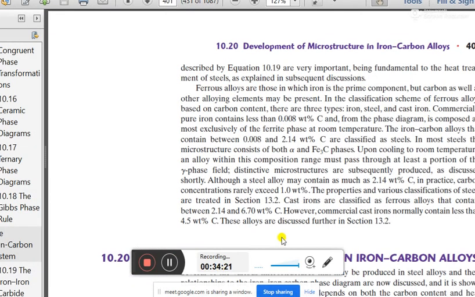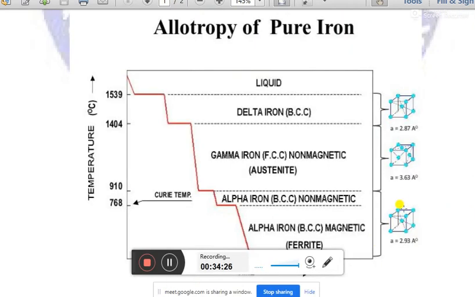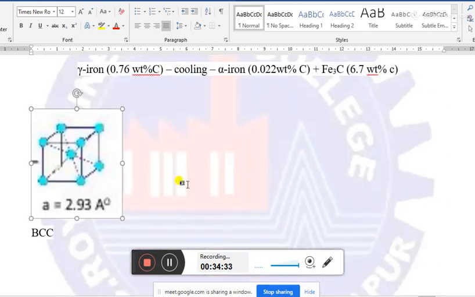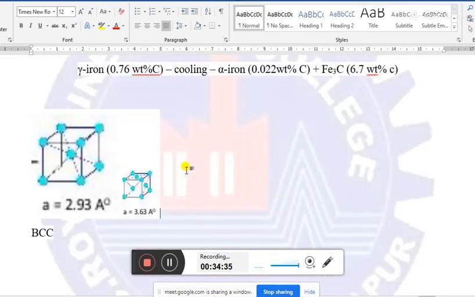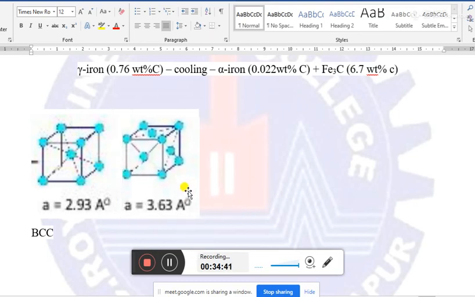But when the iron is in its austenite form, that is like this, all the iron atoms are at the surface. That means there is enough space to accommodate carbon atoms.